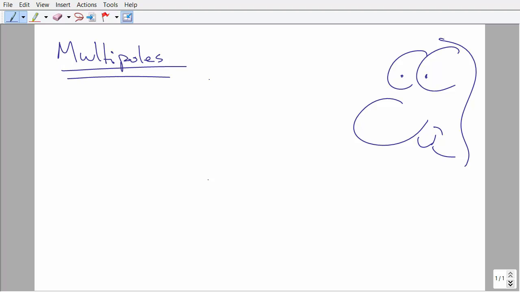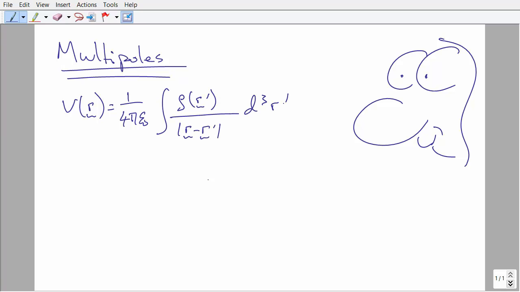We started with the potential. Okay, so that's our standard expression for the potential, and then we made use of the following expansion.